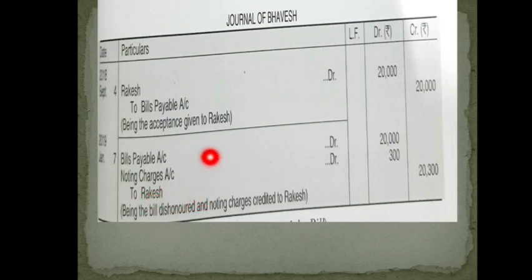So that bill is coming back to Bhavesh because it is dishonored by him, plus he has to pay 300 as noting charges. So the total amount which Bhavesh is supposed to pay to Rakesh is 20,300. For that, Rakesh has become his creditor.